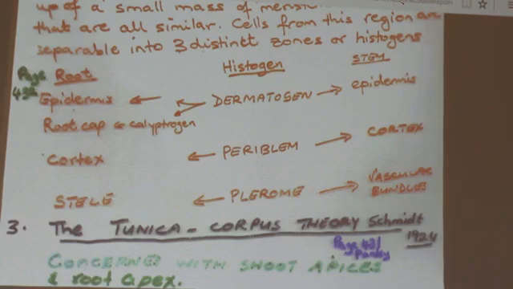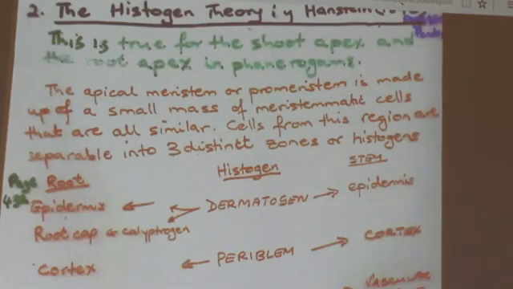The histogen theory says in the meristem we are going to observe the histogen. The histogen is the area of active cell division. Now, in the histogen, we are going to observe a dermatogen, a periblem, and a plerome.